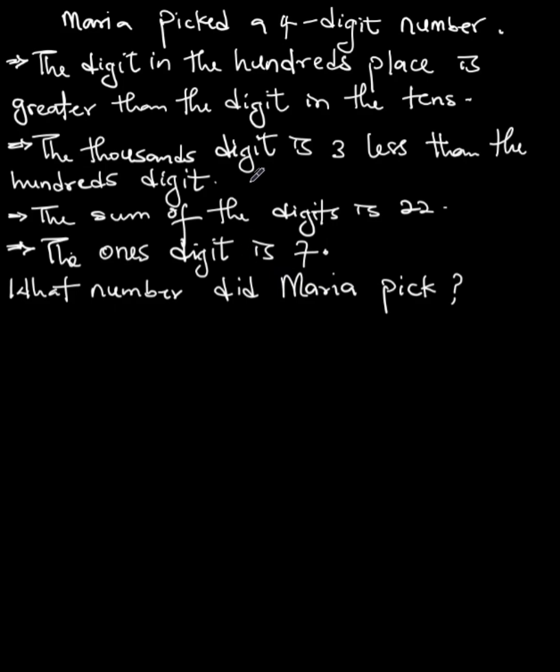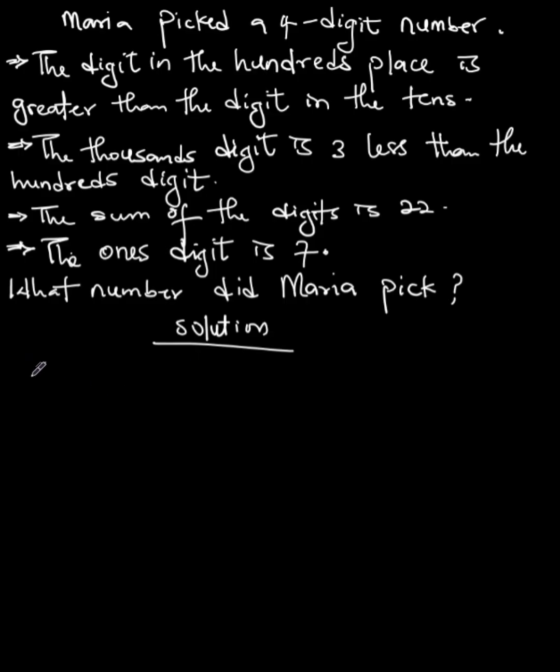Now, like every word problem, the first thing is to read the question, understand it, then identify the unknowns. So, solution. She picked one number, but that number is a 4-digit number.